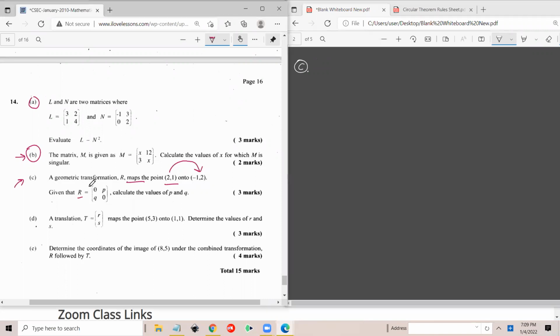The matrix C, R, which is 0, P, Q, 0. They're trying to say if they apply it to the point 2, 1, you will get minus 1, 2. What kind of question is this? Multiplication or addition?